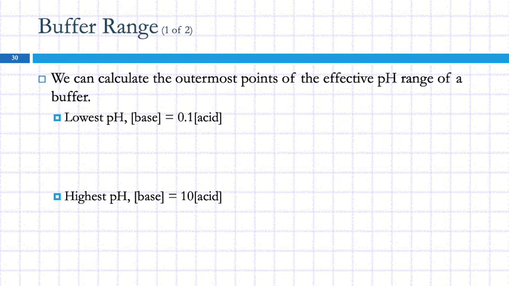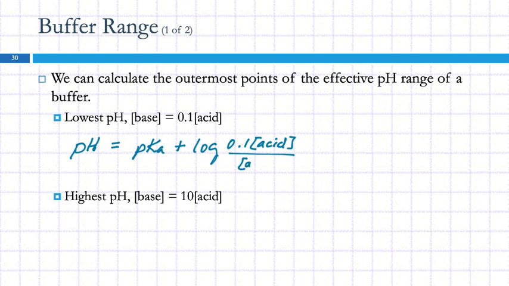So we can calculate the outermost points of the effective pH range for a buffer. So the lowest pH will be where the base is equal to 0.1 times the acid. So the base is 0.1 times the acid concentration. The acid is the acid concentration.